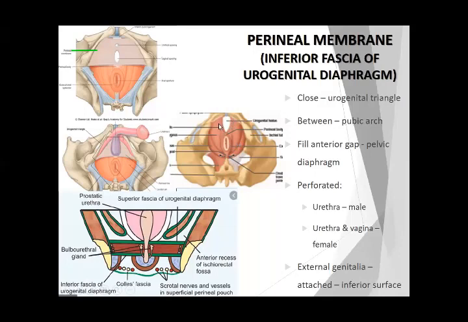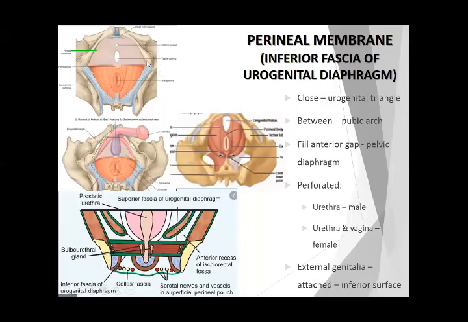Between the medial parts of the levator ani was this opening. This was the area where we had the urethra, and in the females, the vagina. So this opening is actually closed or covered by the perineal membrane. The urethra and the vagina have to pierce the perineal membrane to come out. So it fills the gap.